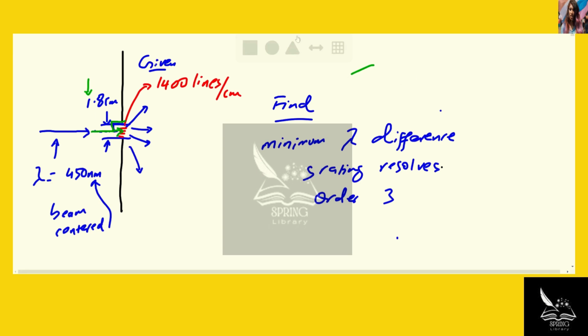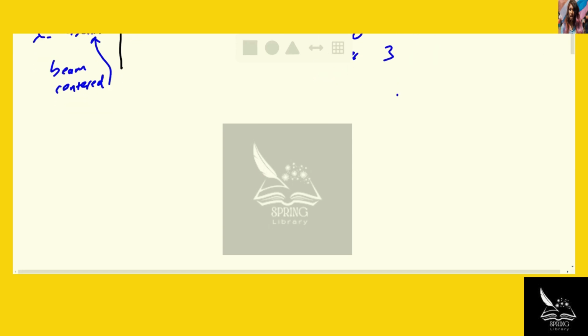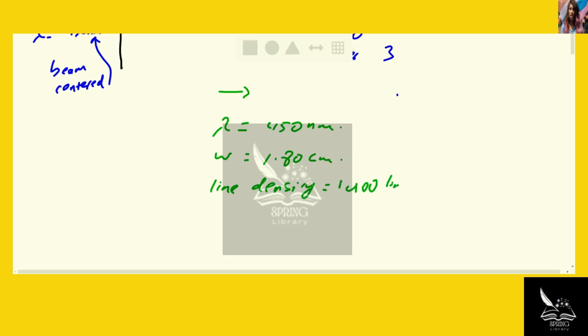So if we have all these pieces of information that we're given, we're going to jump and start solving the problem. We do have to make some changes in terms of lambda. Remember, lambda is the wavelength, which is 450 nanometers, and the width is 1.8 centimeters, and the line density is given as 1,400 lines per centimeter.